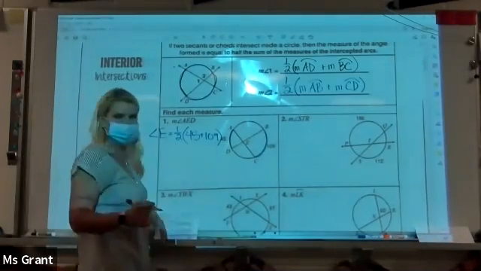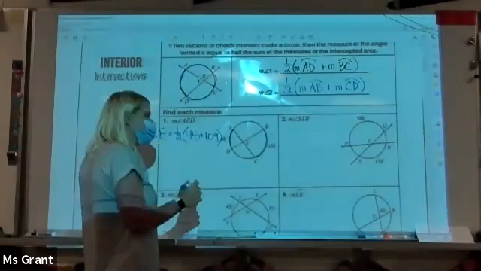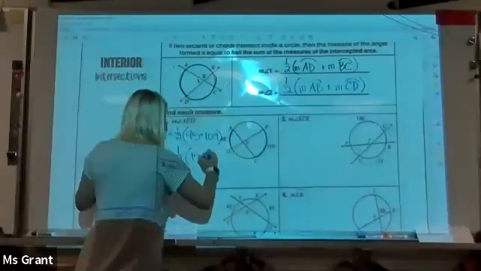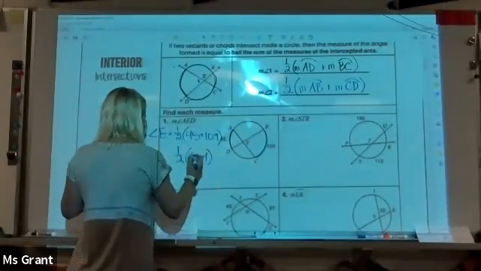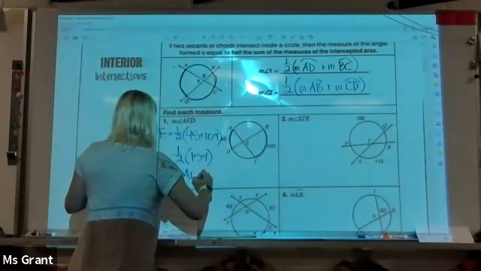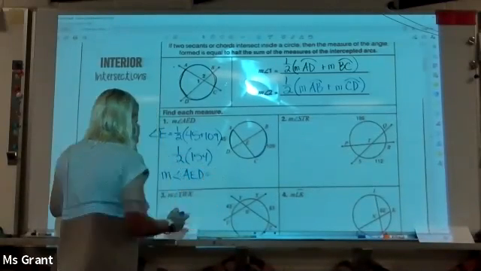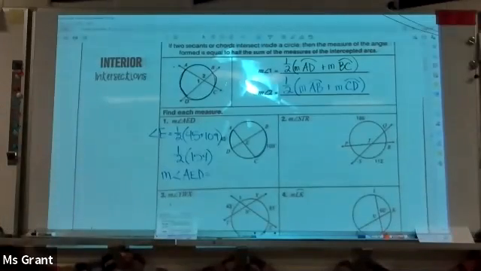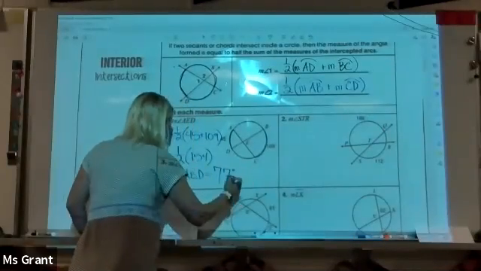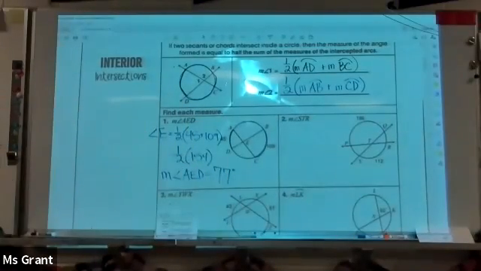You'll need a calculator today, guys. Have it out on your desk, or you can come grab one. Half of 154. This is all degrees. You just cut 154 in half. 77 degrees.